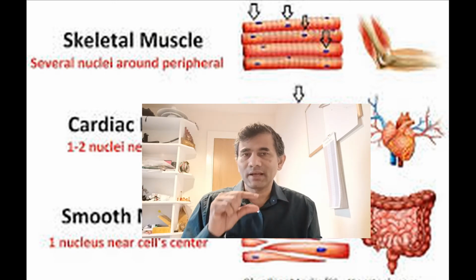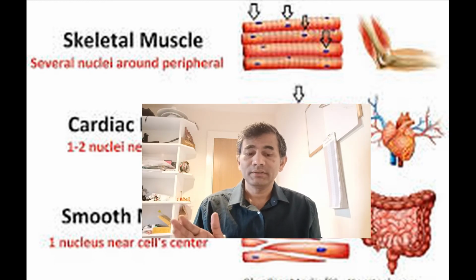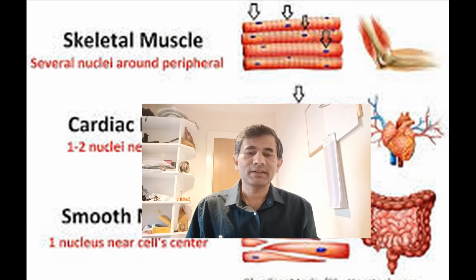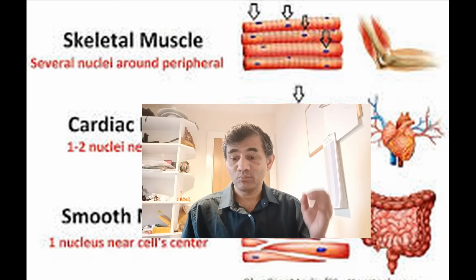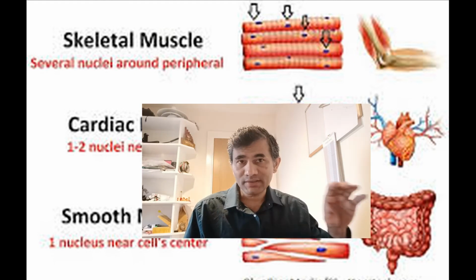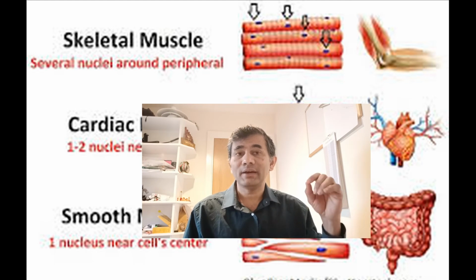The cells are long, they are cylindrical, they do not branch, and they have multiple nuclei. So you can see in this diagram how the skeletal muscle cells look. There are three important points of the structure under the microscope. So they are long, cylindrical, they do not have branches, and they have multiple nuclei.